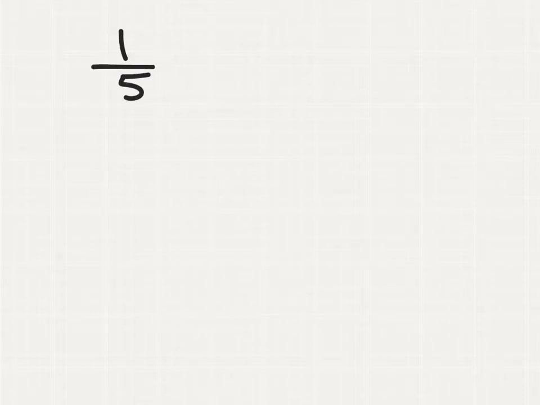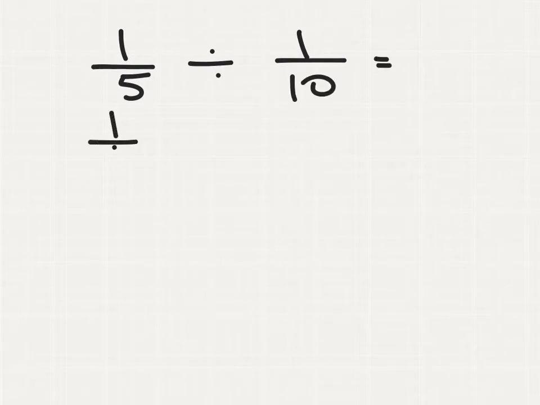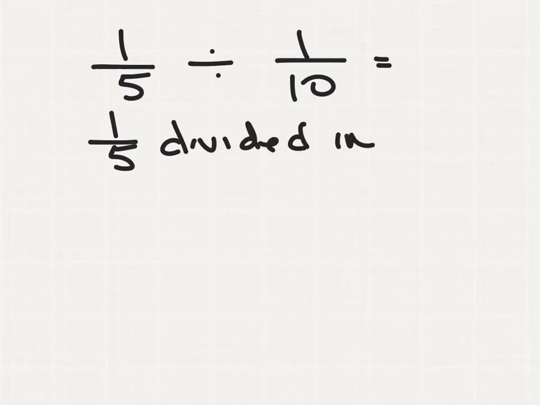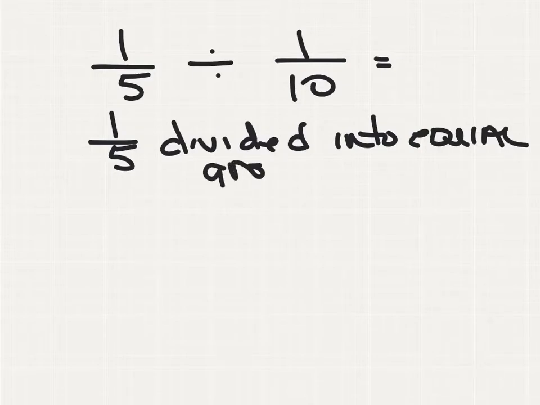What if I have 1/5 divided by 1/10? I have 1/5 divided into equal groups of 1/10. I'm taking 1/5 and I'm going to divide it into groups of 1/10 that are equally sized.